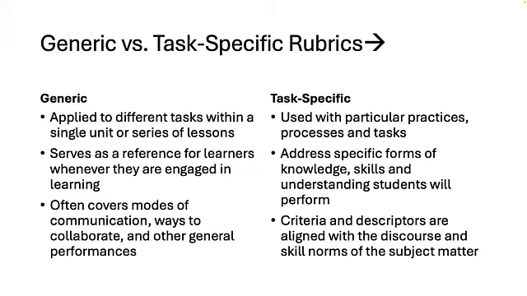Whatever the thing you want them to do often should have a generic rubric to it. And that way you never have to tell them what the expectation is after you've taught them the rubric and the task. Often covers modes of communication, ways of collaboration, and other general performances.